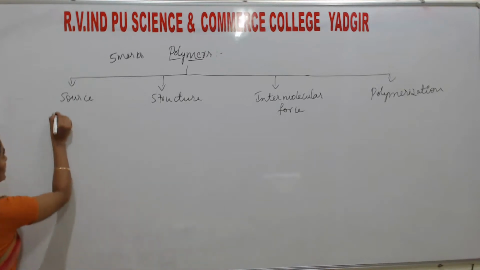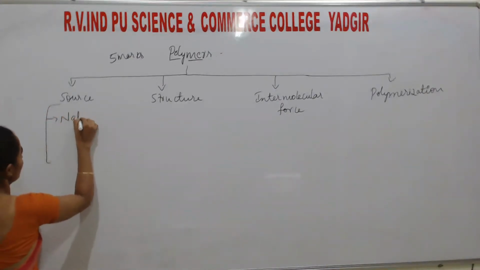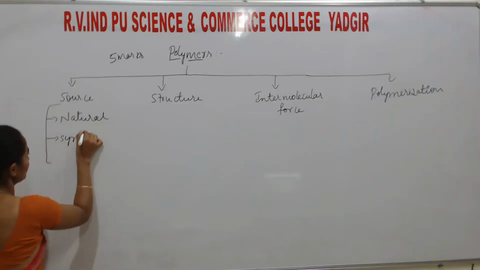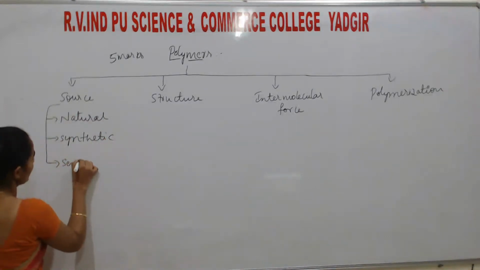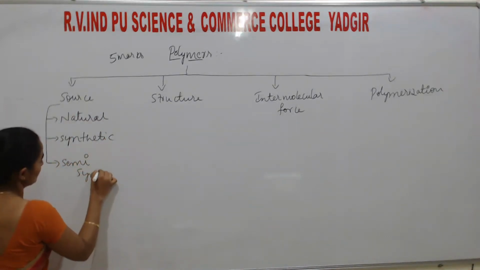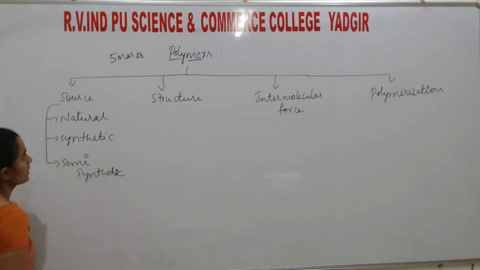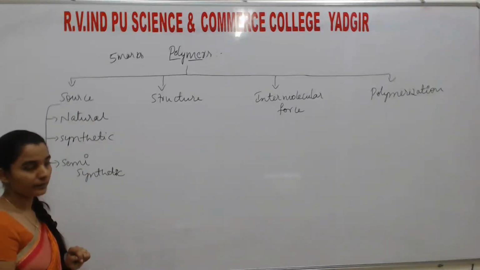In that, students, the classification is natural, synthetic, and semi-synthetic. Understand? Natural, synthetic, and semi-synthetic. Okay.